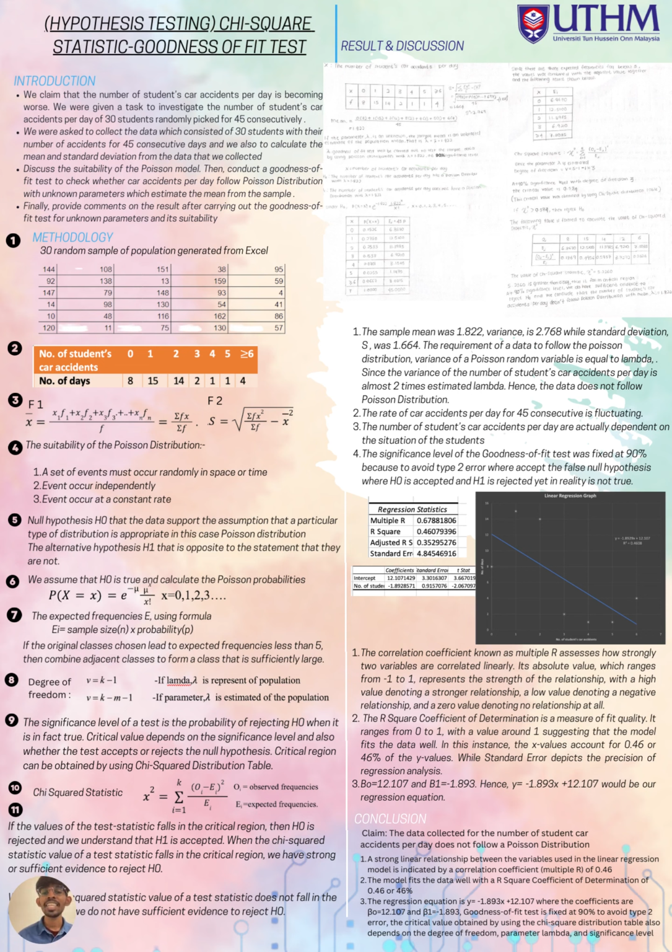Finally, the critical value obtained by using the chi-square distribution table depends on the degree of freedom and significance level. Normally, if the population parameter lambda is given, we calculate the Poisson probability.